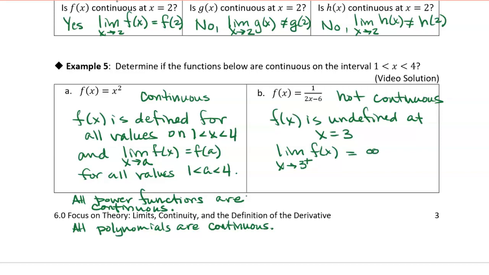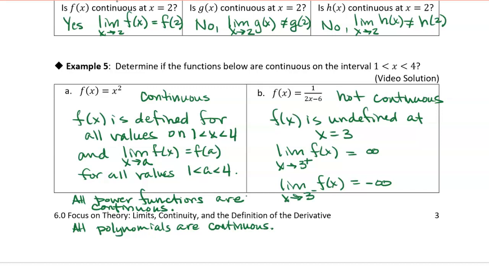And if we look at it from the left, taking values a little bit smaller than 3, 2 times x is going to be a little smaller than 6, so we get negative values in the denominator, and it goes to negative infinity. So you can see that the limit doesn't exist, and also the value of the function doesn't exist. So it can't be continuous.